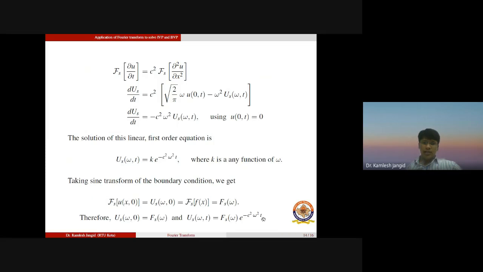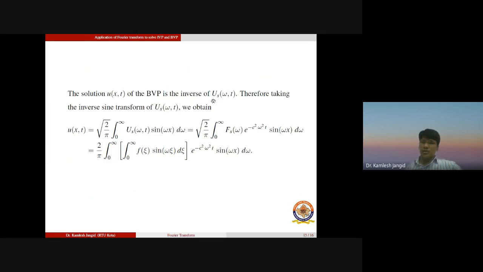Now to find the solution of the given differential equation, we need to take the inverse sine transformation of u_s(ω, t).